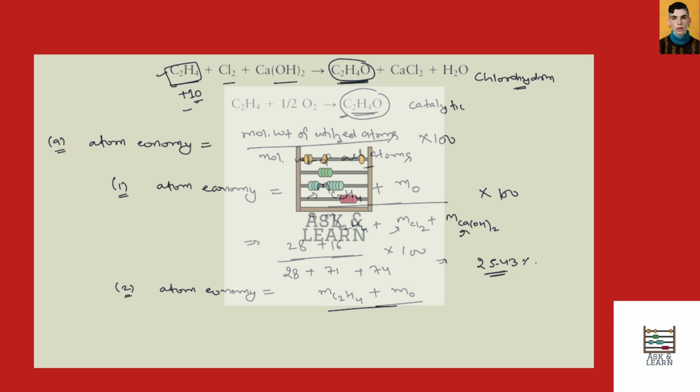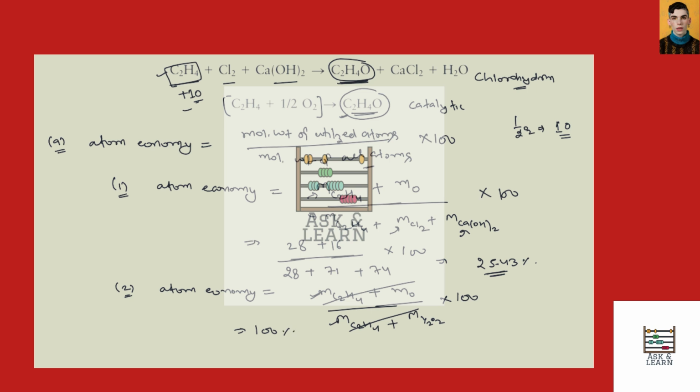Now the molecular weight of all the atoms that are involved would include the molecular weight of C2H4 and the molecular weight of half O2 molecule. Now half O2 essentially means one full oxygen atom. So this again is multiplied by 100, and since both numerator and denominator are the same, they would cancel out and the atom economy for the catalytic route would be obtained as 100%.